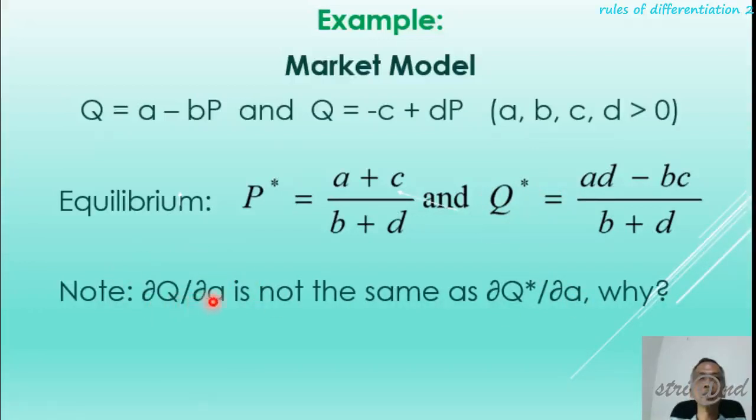This one shows the derivative of q with respect to a, so what we are talking about is the demand function. And this one is talking about the equilibrium quantity. So the result will be different.